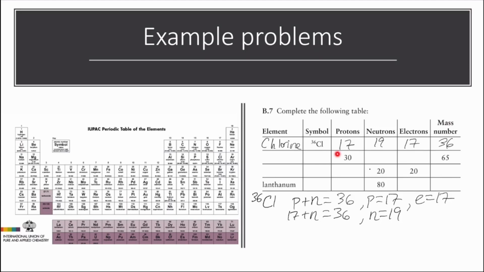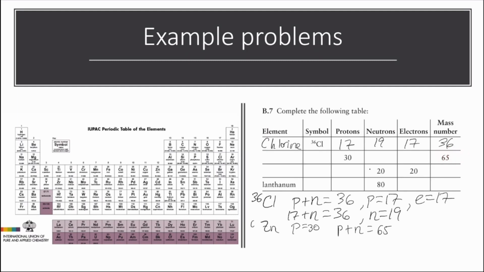Okay, moving on to the next one. So the next one, we're given the number of protons is 30. So this is equal to the atomic number. So we can see directly in the periodic table that that belongs to zinc. So this is zinc with 30 number of protons. So protons plus neutrons equals, and then we see that for mass number or atomic weight, it has 65.